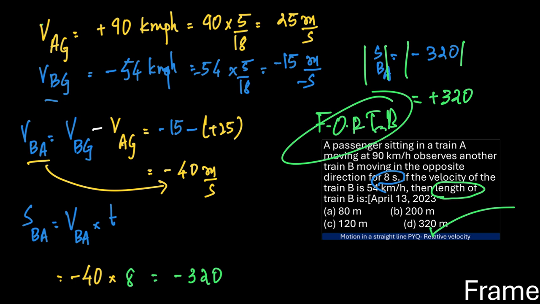If you get the same answer, well and good. And if you don't, then go to the next solution. Or maybe if you get the correct answer and yet you feel that you need more clarity on it, move on to the next solution. But if you are planning to go directly towards the next solution, then I would suggest that is not going to help you. Okay. All right. So next up, moving to frame of reference as train B.